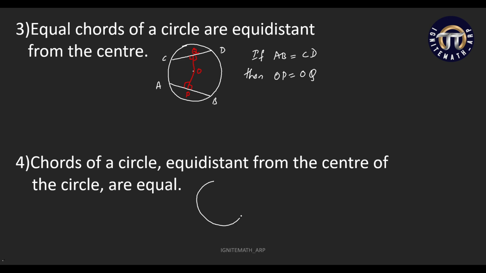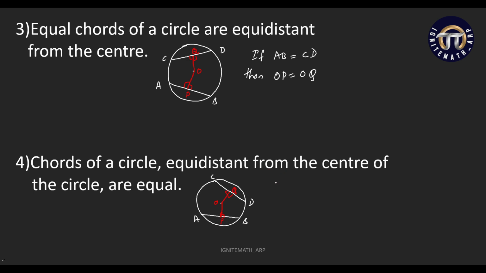If I have a circle over here, and in the beginning I know the distance of the chord AB as well as the distance of the chord CD from the center of the circle, I'm calling these points P and Q. Clear?